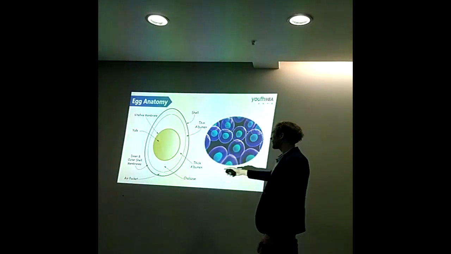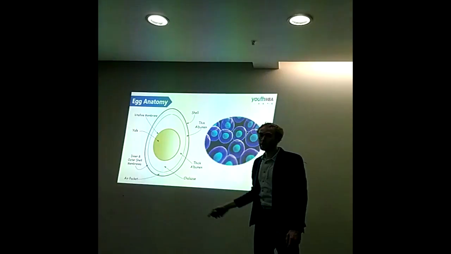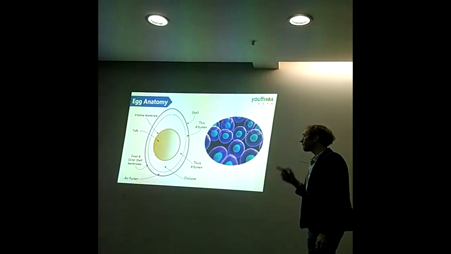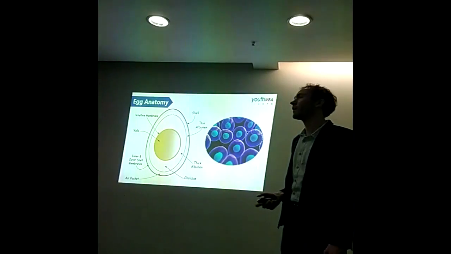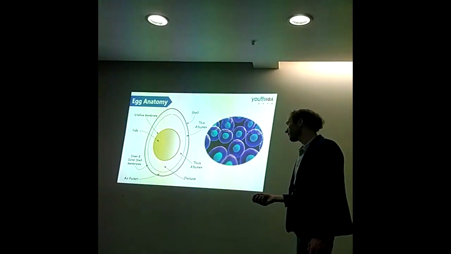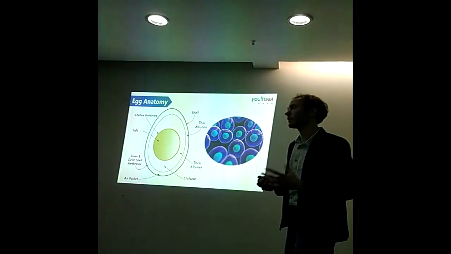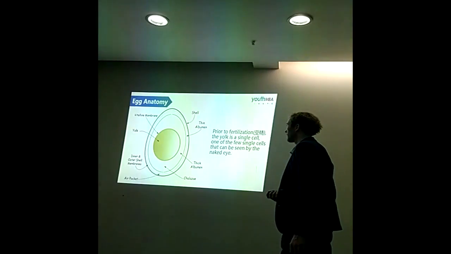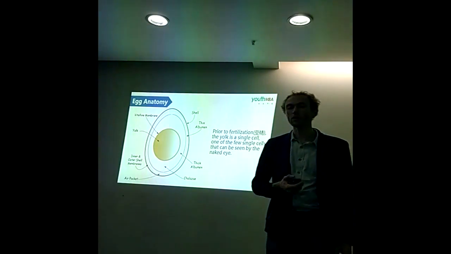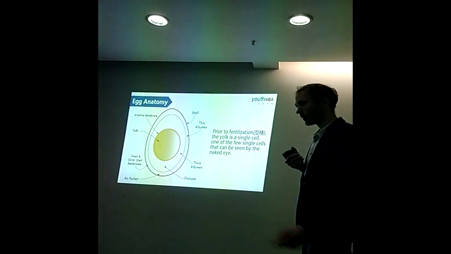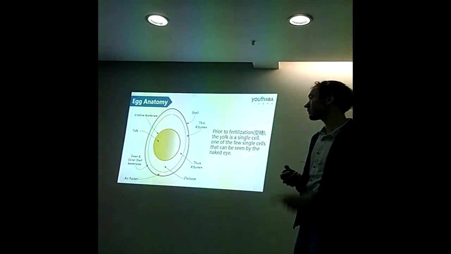And here we have different names for the things inside the cell, and very similar structures we can find inside of the human cell. So the answer is that before we fertilize the egg, an egg is one single cell.